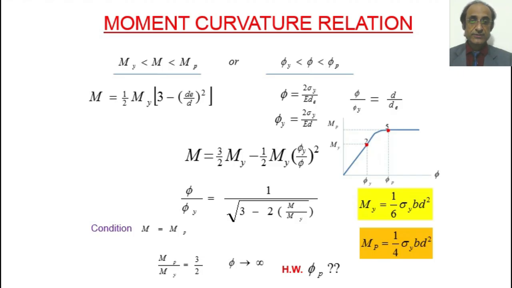So all you have to do is just use a value slightly less than that. Say you can use 90% of the plastic moment, and by doing so you would be able to get a reasonable value of the curvature at the onset of the plastic stage, that is phi p. You have to obtain an expression for curvature at this point.